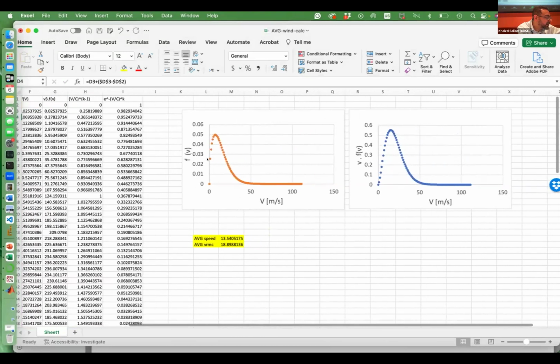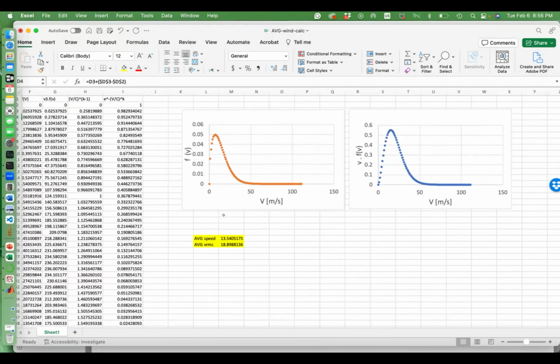By the way, if I integrate this f of v, not f of v times v, and add at the end, what do you think the area would be? Free homework problem if you answer this right. If I integrate f of v, not v f of v, what does the integration give me?